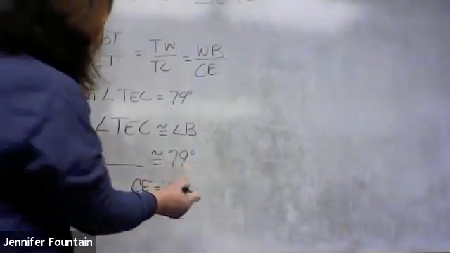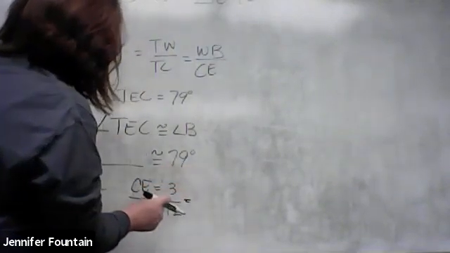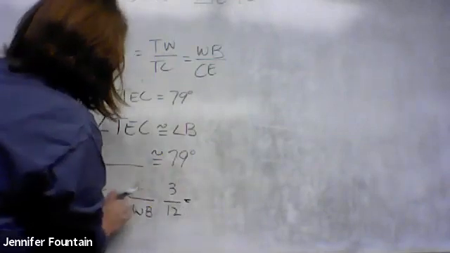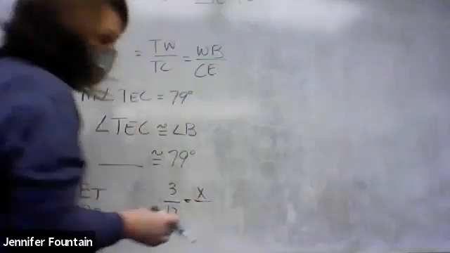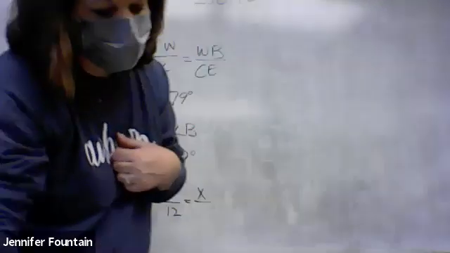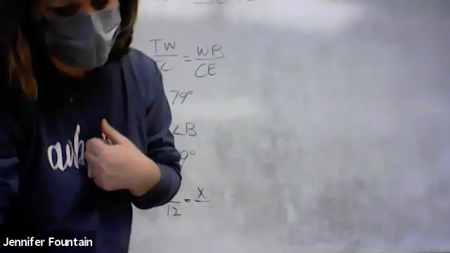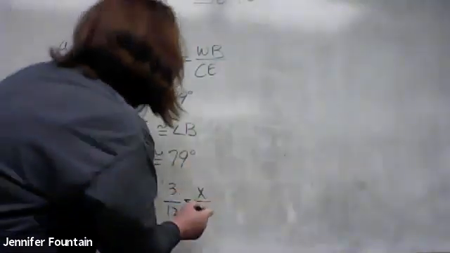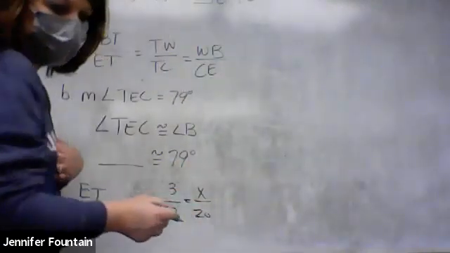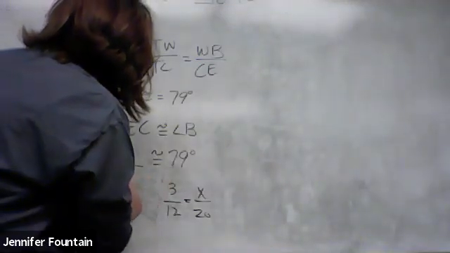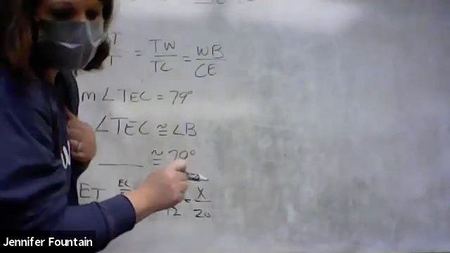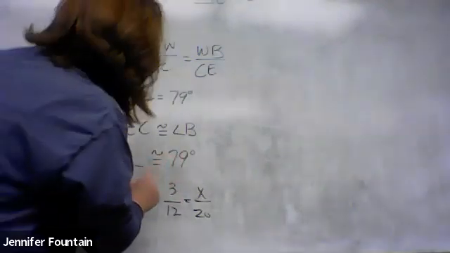What is ET? Okay, ET is our unknown. So I'm going to let that be X. And so then what is BT? 20. Now, we've looked at the two corresponding sides, EC over BW is equal to ET over BT.